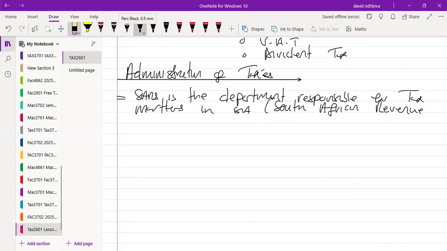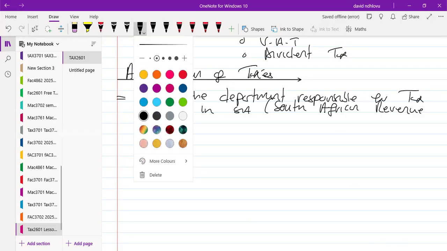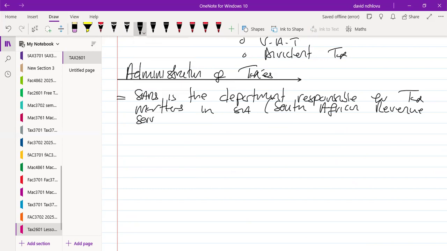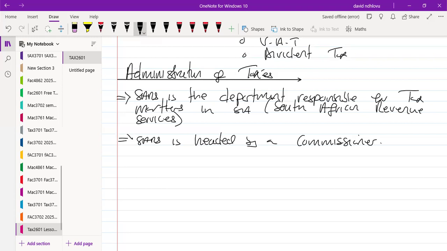SARS is headed by a commissioner who is appointed to administer taxation in South Africa, responsible for collections, responsible for communications, responsible for the disbursements of tax funds, all things related to tax.